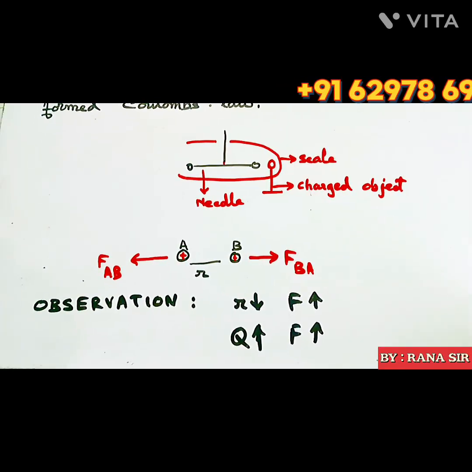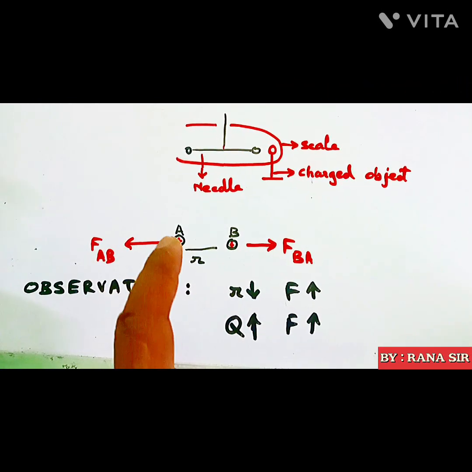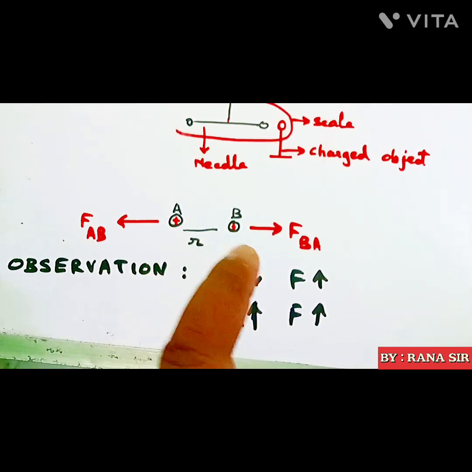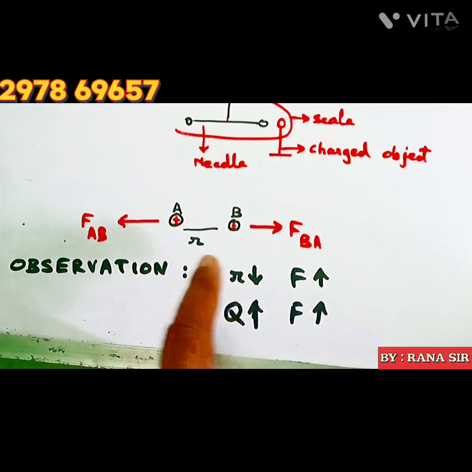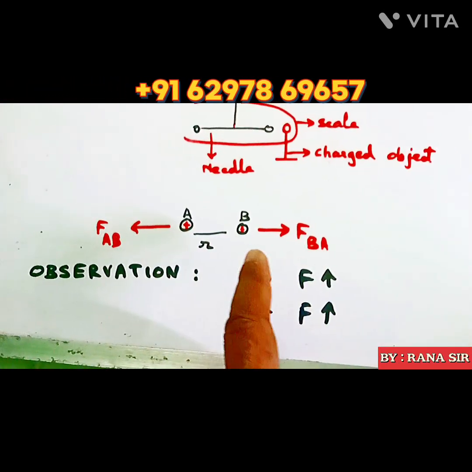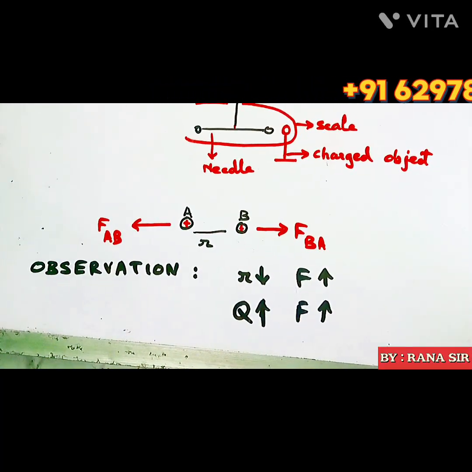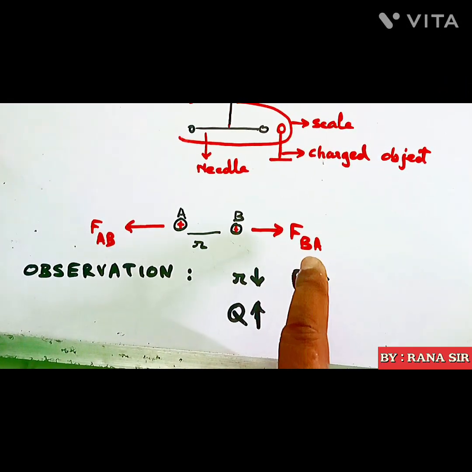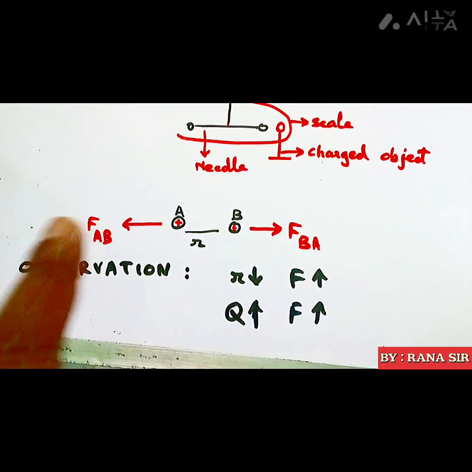So Coulomb observed that when there are two charges, charge A and charge B, with distance r, like charges repel, so there will be two forces, one moving to the right, one moving to the left. This force is applied on B by A charge.